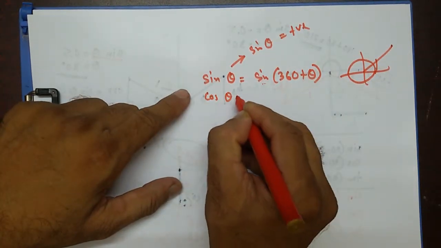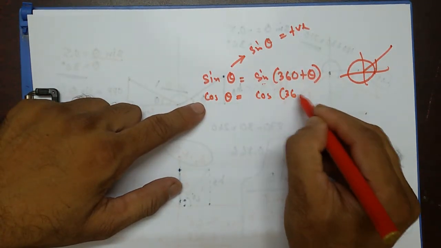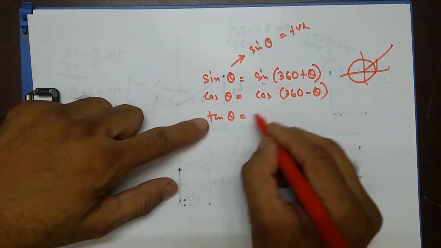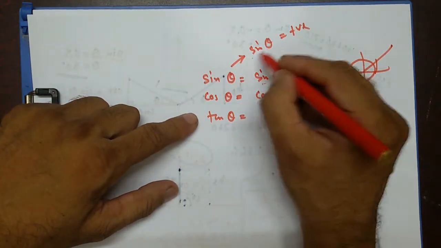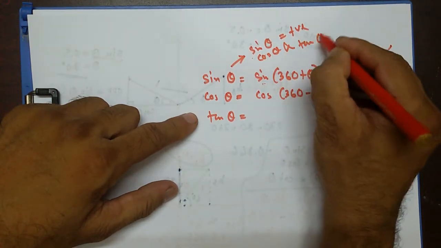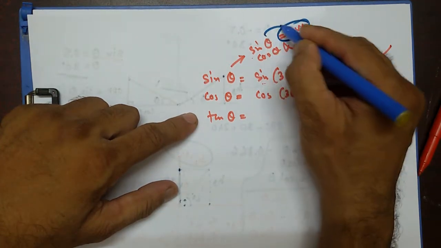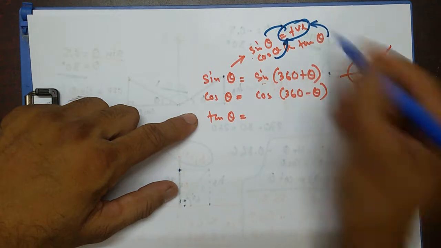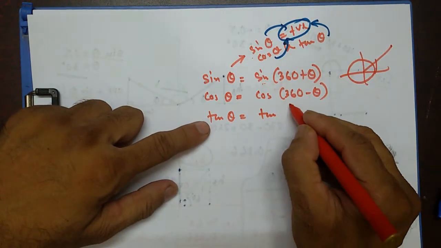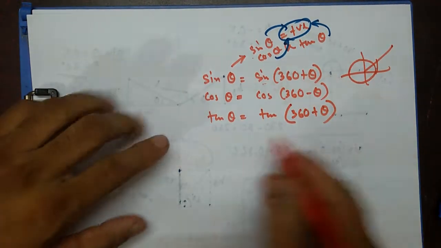Cos theta, if this is positive, then cos 360 plus theta. Tan theta, if all of sine theta, cos theta and tan theta are positive, then this is going to be tan 360 plus theta.